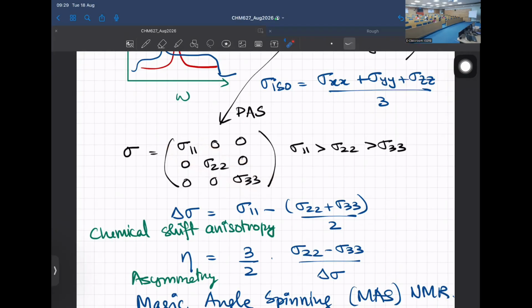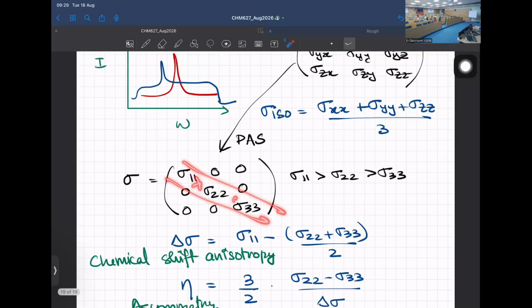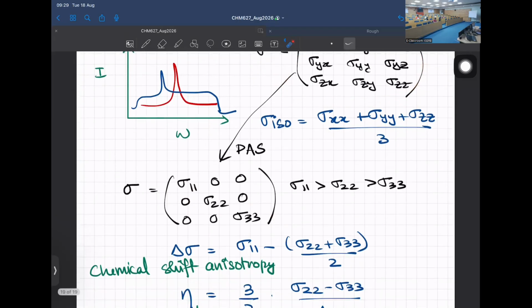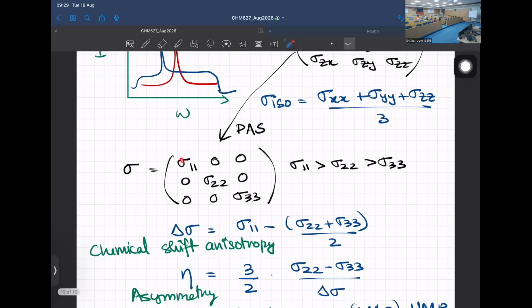Trace is invariant with respect to diagonalization. And importantly, the determinant of the matrix also remains invariant. Therefore, in a diagonalized matrix system, the product of the diagonal components would be the determinant of this matrix.